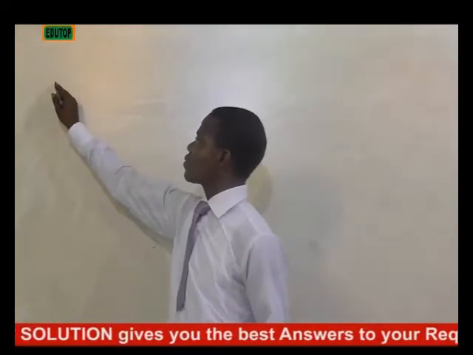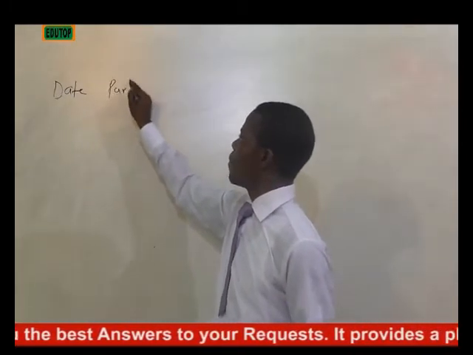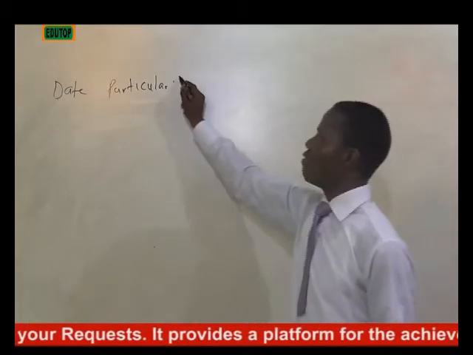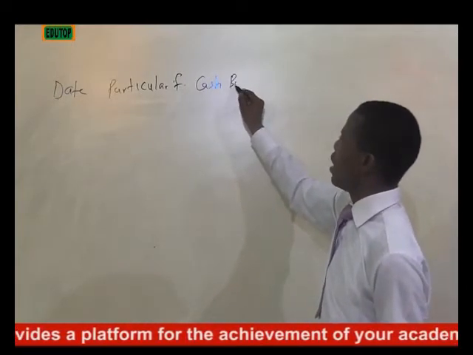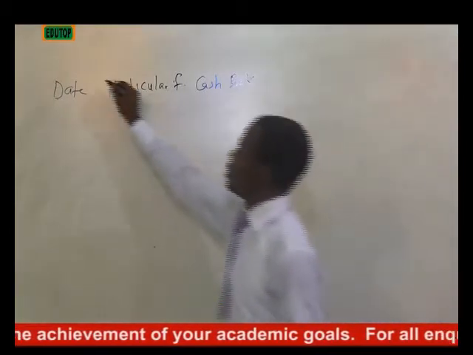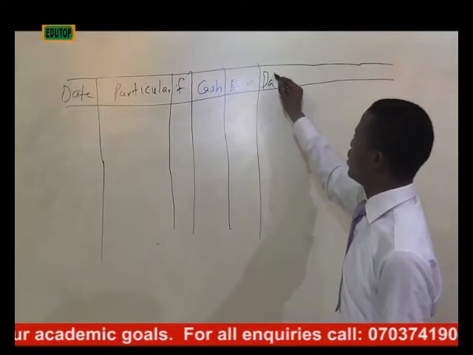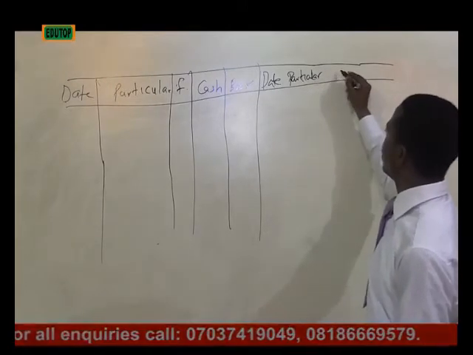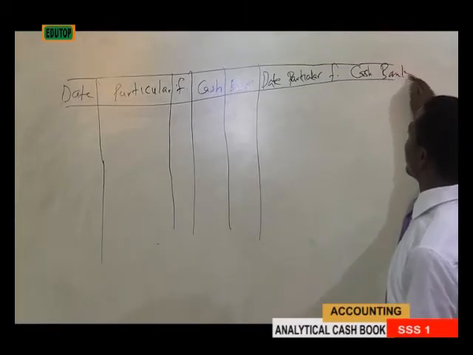Here we have date, particulars, folio. This one is different from a single column cash book. Here we have a date, we have particulars, we have folio, we have cash, and we have bank.